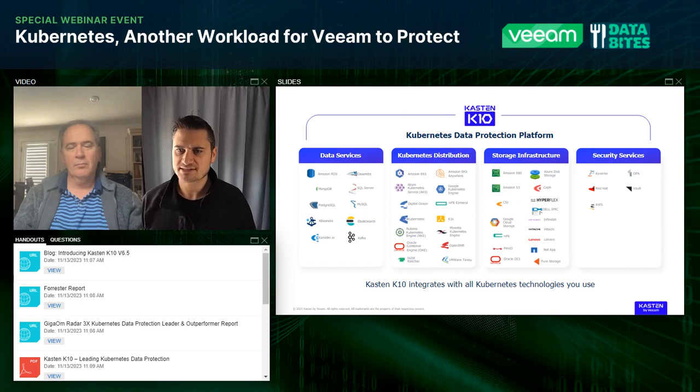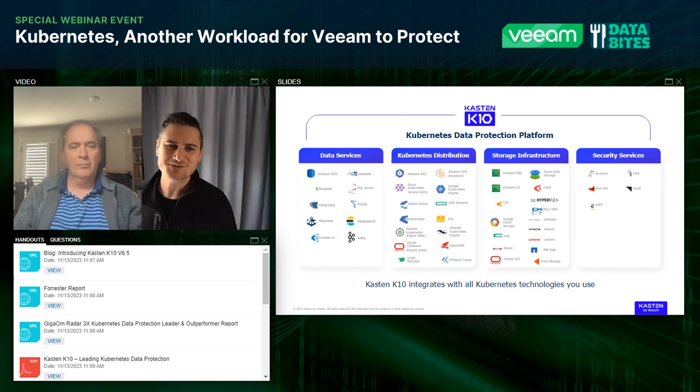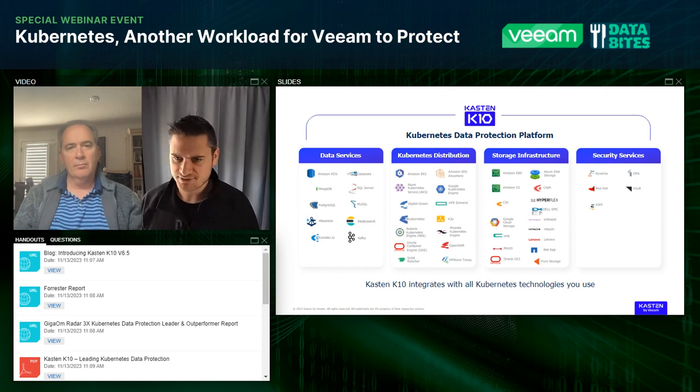We do see Mirantis, but we see OpenShift probably the most. EKS, Microsoft Azure, things like SUSE or Rancher, or RKE2. All of these we support, we back up, and we can actually move workloads among, right? So worth noting there too, in terms of that hybrid multi-cloud story, being able to speak to these different Kubernetes distributions is really important.